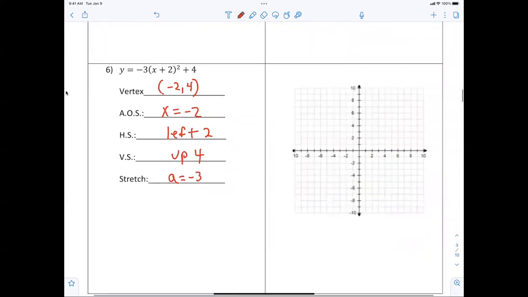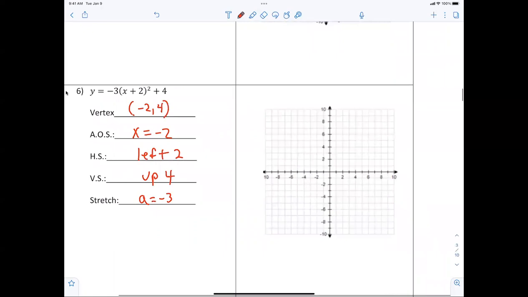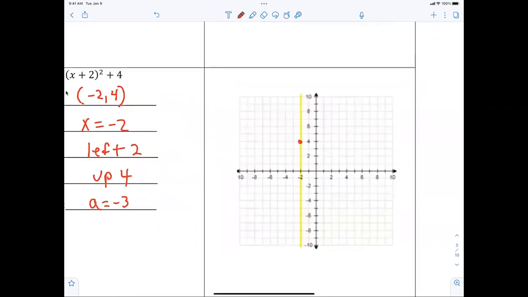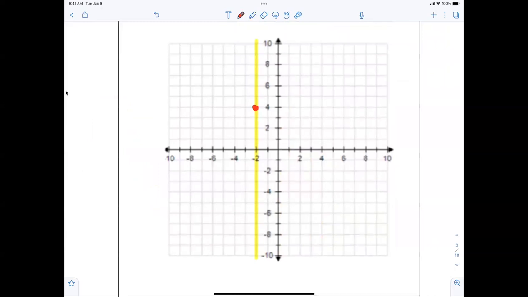All right, so everybody's going to plot. Let's go ahead and make sure this time we don't forget the axis of symmetry. x equals -2. Now here's where the stretch comes in. Normally you go over 1 and up 1. So I'm just going to go over 1 and up 1 and just show you something.